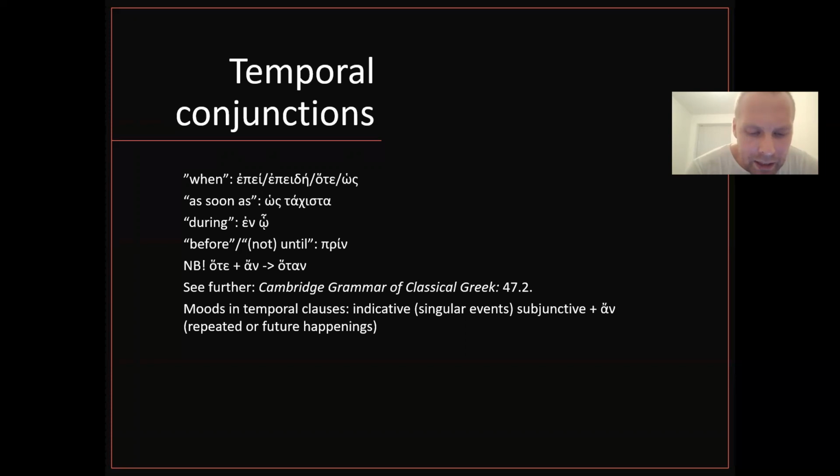In these temporal subordinate clauses, the verb forms used are usually in the indicative mood. That is when the depicted action or happening forms a singular event. The subjunctive, again, is used in temporal clauses together with the modal particle an when the action or happening referred to lies in the future, or if the action is repeated.